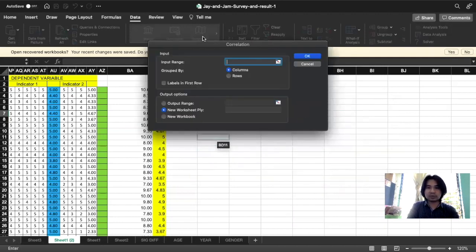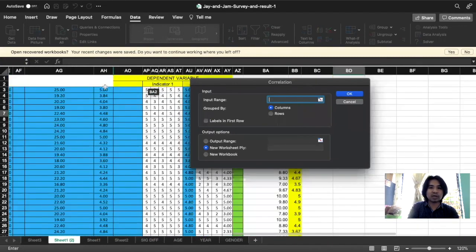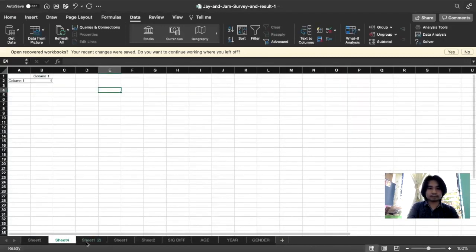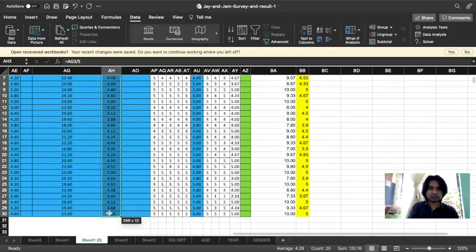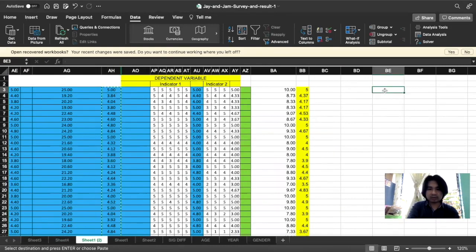Okay. So what is right here is the input range. For the input range, we will be using this one, all the means for all the indicators. Let's just copy. Then maybe this side right here.